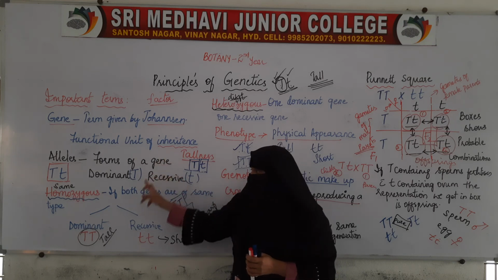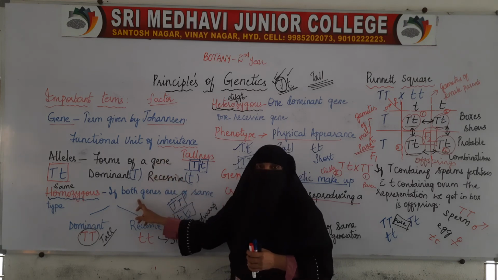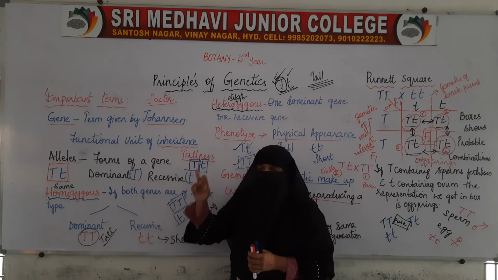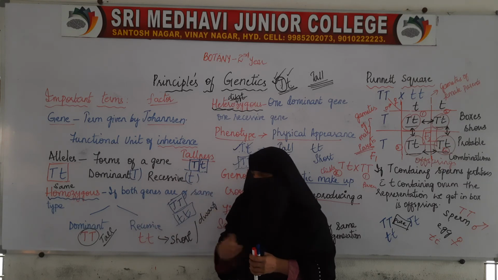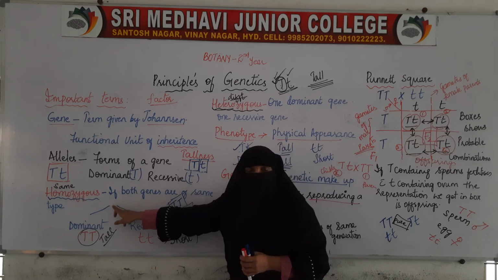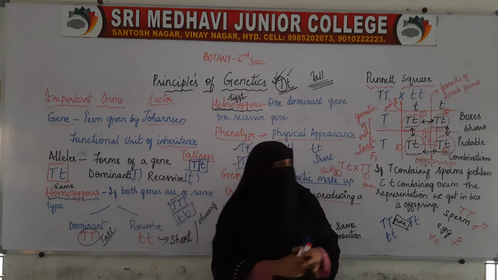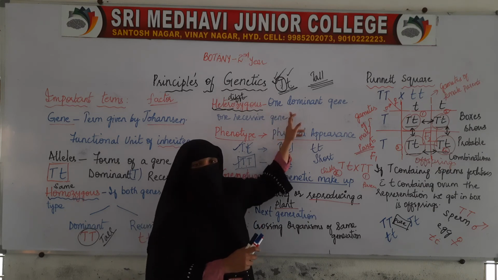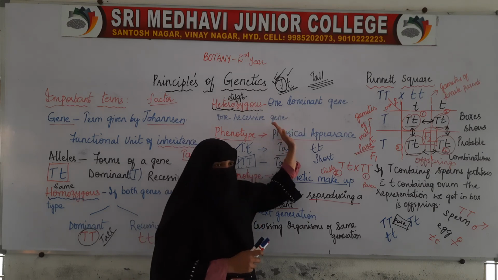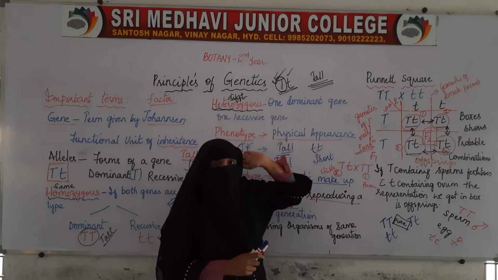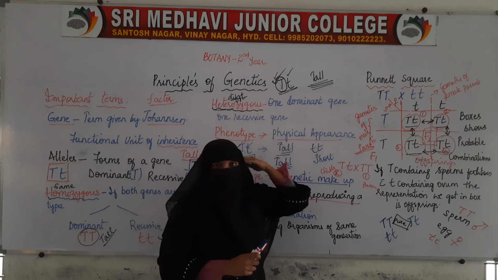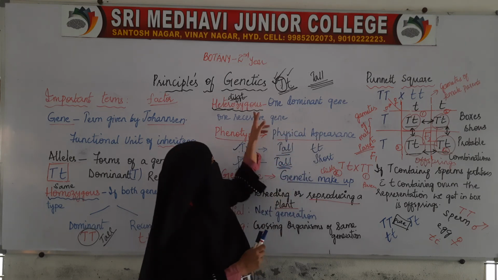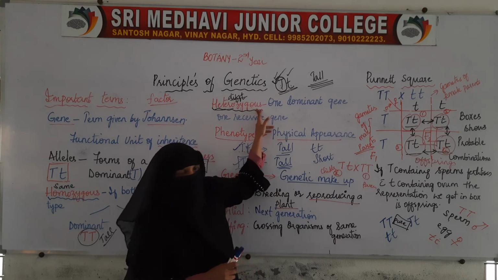If both forms of the gene are the same, that is both capital T or both small t, then the condition is called homozygous. But if one is capital T and one is small t, different alleles, both genes of different forms, then the condition is called heterozygous.